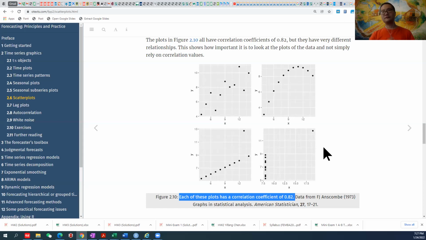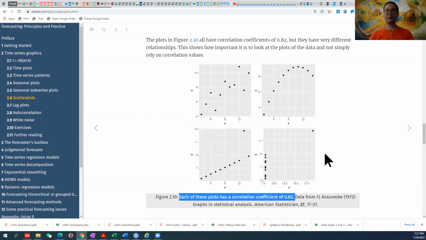So when we find either a perfect vertical line or perfect horizontal line, we would say that X and Y do not have a strong or even any relationship, because knowing one of the values does not help us to predict the other.